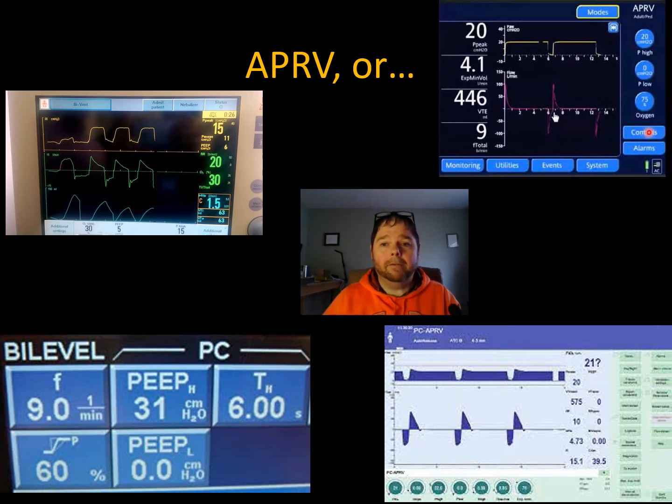If we see up here in this corner, this is the front face of a Hamilton ventilator, which always calls it APRV. Down here, this is the front face of a Draeger ventilator, and it calls it PC-APRV. Where it gets a little less clear is this front face of a Servo ventilator, and you see it says bivent, which is the exact same thing.